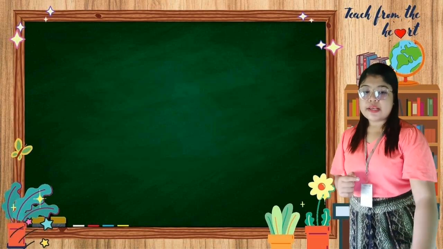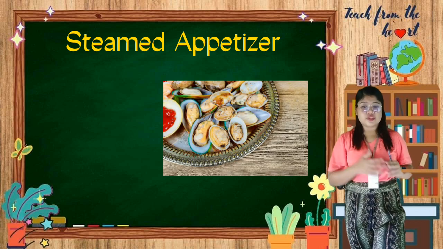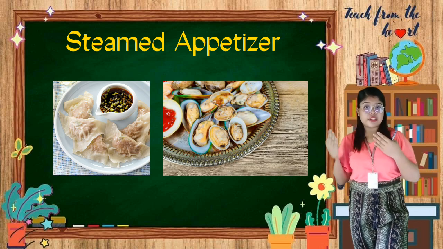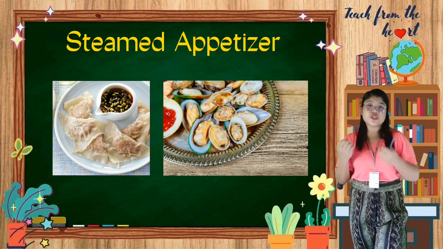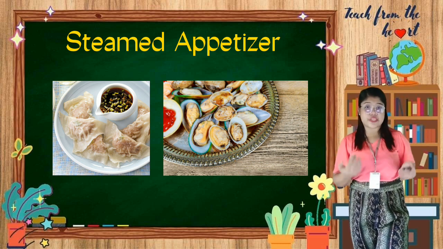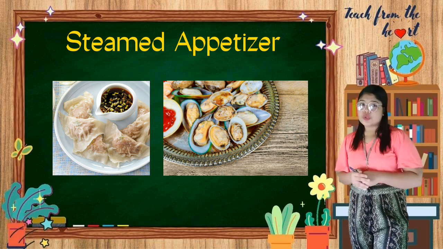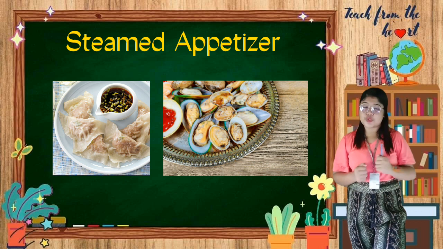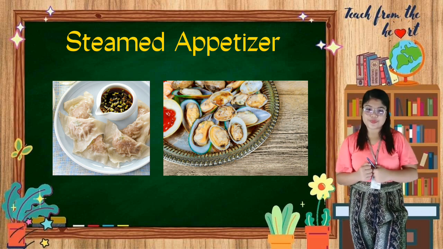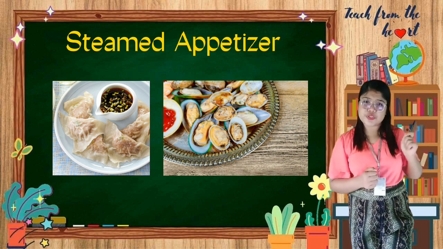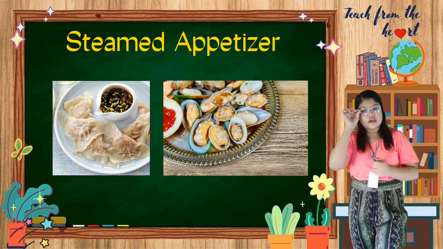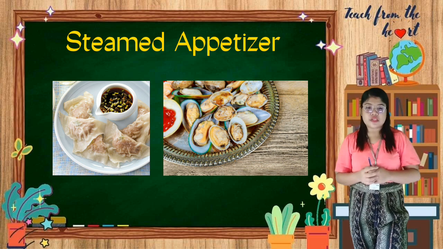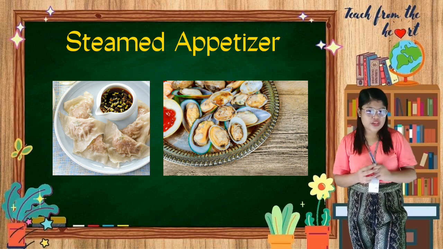So next one is the steam appetizer. So if we have deep fried appetizers, also we have steam appetizers. So what do you see in the picture? Okay, in the picture we have what we call dumplings and steamed shells.